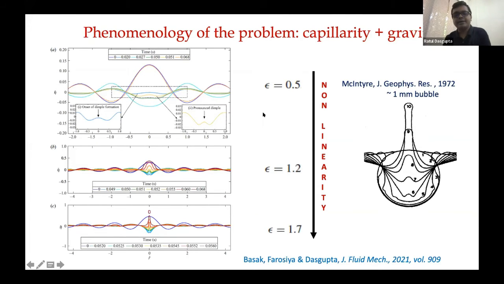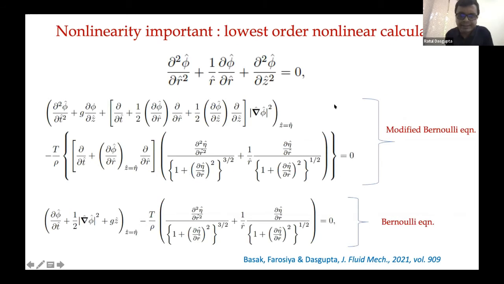So the basic idea was that because epsilon is less than 1, we could use epsilon as a perturbation parameter, as a small parameter, and see if we could construct a weakly nonlinear theory which would at least qualitatively explain what gives birth to these dimples. So that's what I'm going to describe briefly now. From here onwards, I'll slightly shift gears and walk you through some of the nonlinear calculations that we have done.